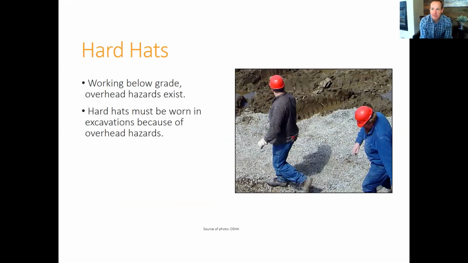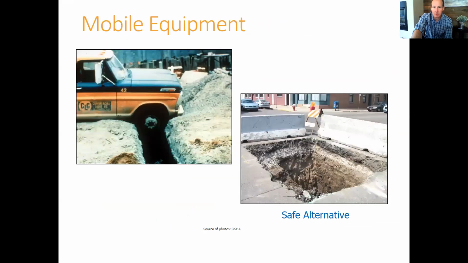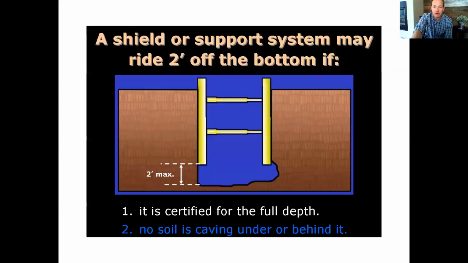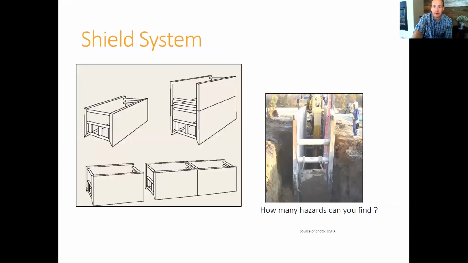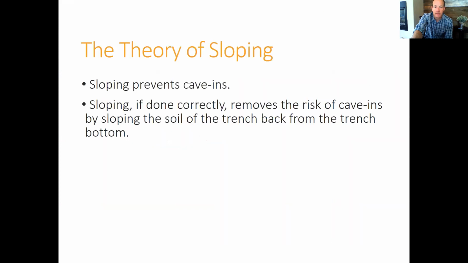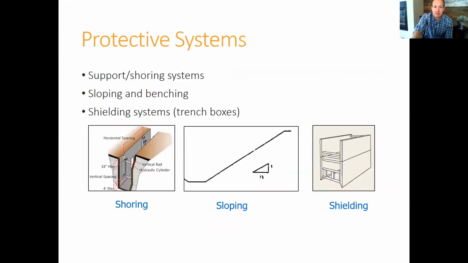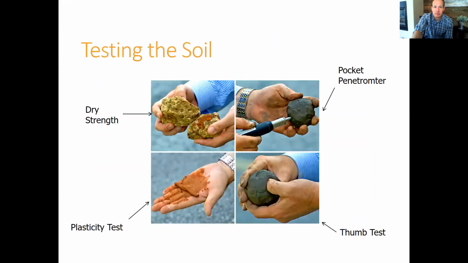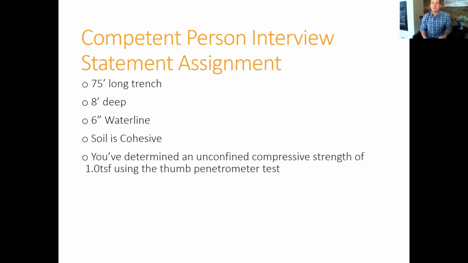So that's where I want to stop, and I want to explain to you what your assignment is. So I'm going to go back to where I had that, and it's the competent person interview statement assignment.